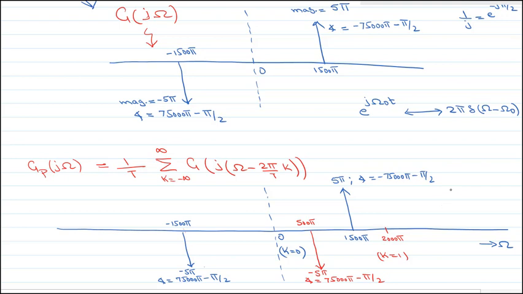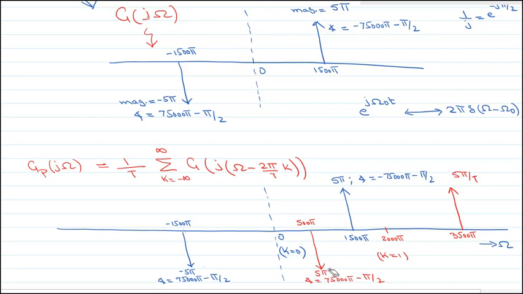And of course, I will have a positive version of this at 2000 pi plus 1500 pi, which is 3500 pi, and the magnitude will be 5 pi over t.